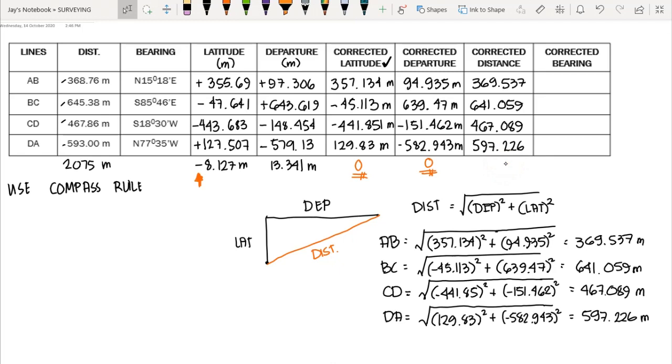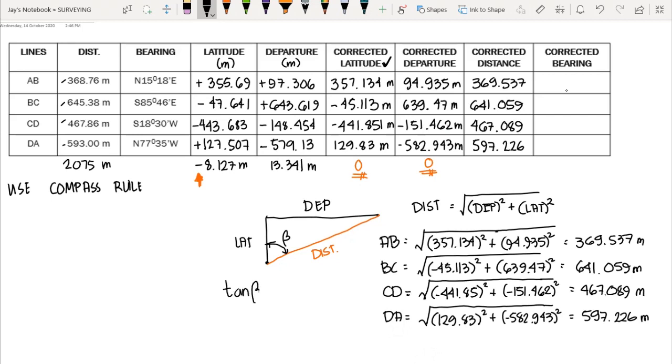Now, our bearing here has been changed since we now have different values for latitude and departure. Okay? So how are you going to compute for bearing? Now, again, the bearing angle here is at this side. This angle beta always refers from latitude, or from the vertical axis. So to compute for angle beta, we can just use tangent.